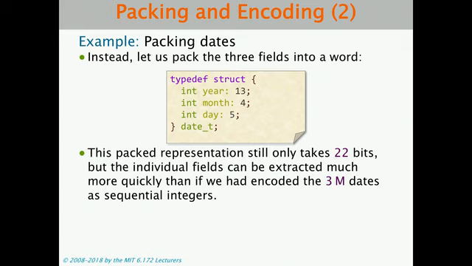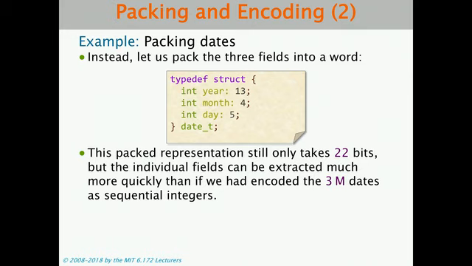So this says I need 13 bits for the year, 4 bits for the month, and 5 bits for the day. The 13 bits for the year is because I have 8,192 possible years, so I need 13 bits to store that. For the month, I have 12 possible months, so I need log base 2 of 12 rounded up, which is 4. And then finally, for the day, I need log base 2 of 31 rounded up, which is 5. So in total, this still takes 22 bits.